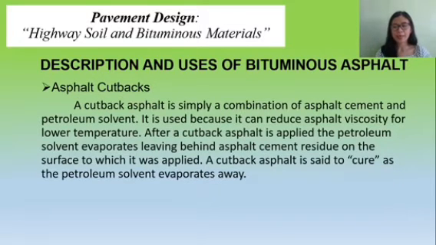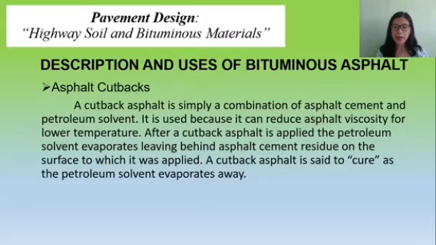Next, we have here the asphalt cutback. Cutback asphalt is simply a combination of asphalt cement and a petroleum solvent, and it is used because it can reduce asphalt viscosity for lower temperature. After a cutback asphalt is applied, the petroleum solvent evaporates, leaving behind asphalt cement residue on the surface to which it is applied.